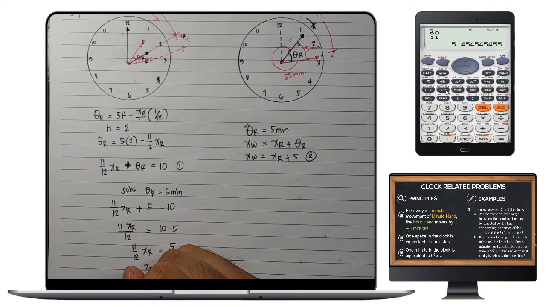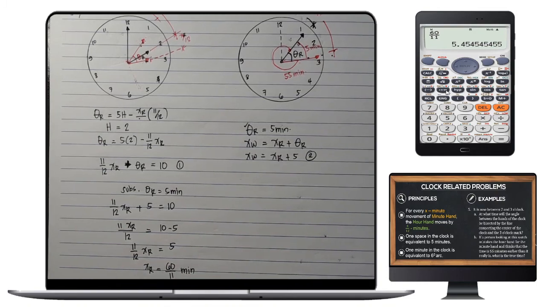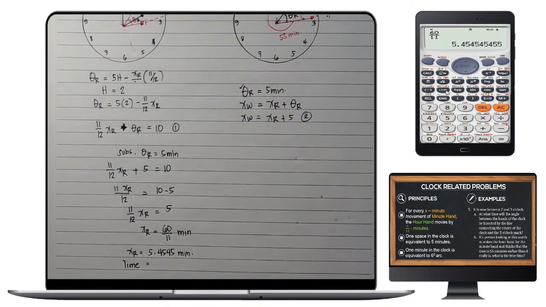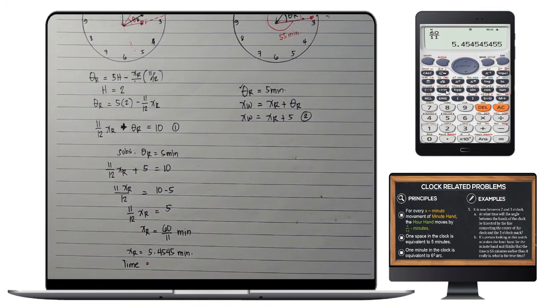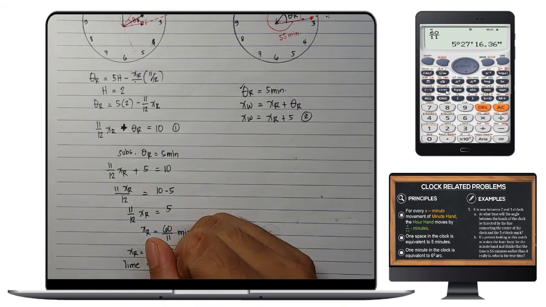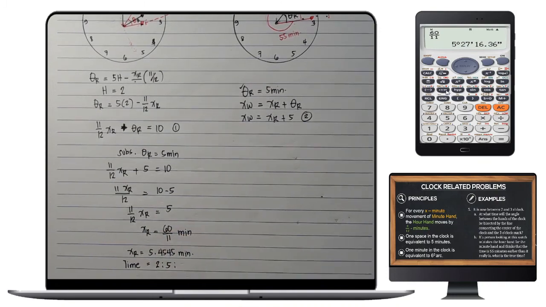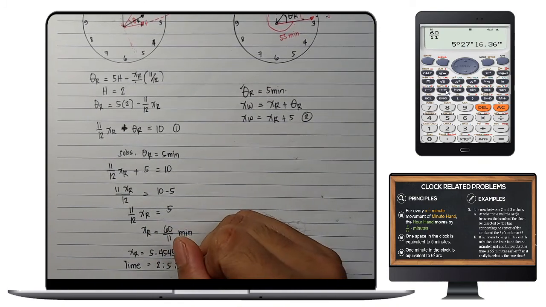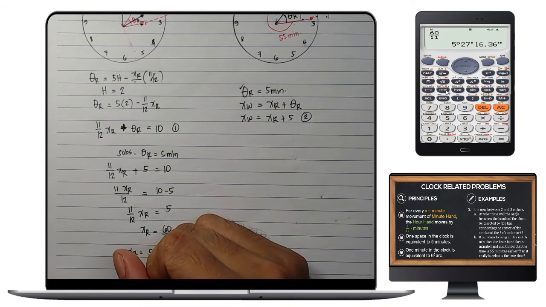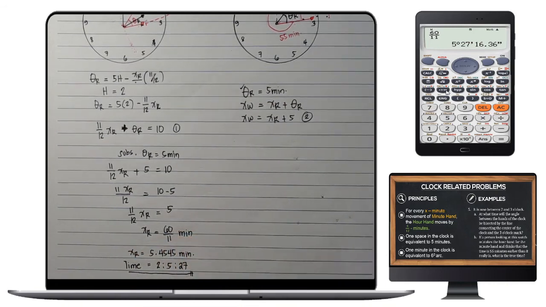Therefore, the time natin is actually, so yung actual time natin is 2, 5, and 27. Okay, so yan yung actual time natin. Okay, so that is our actual time.